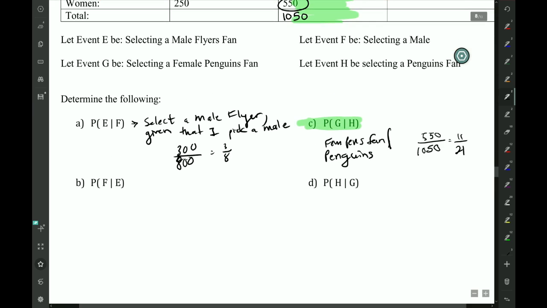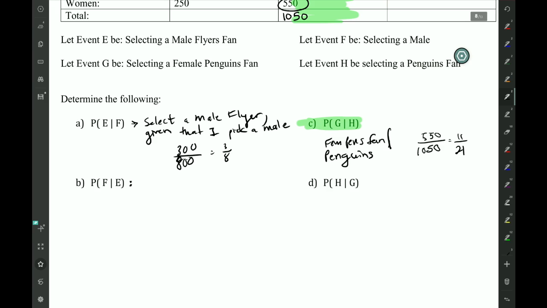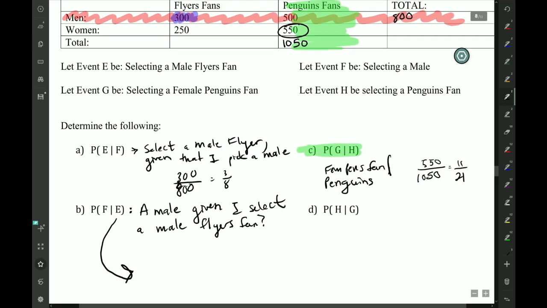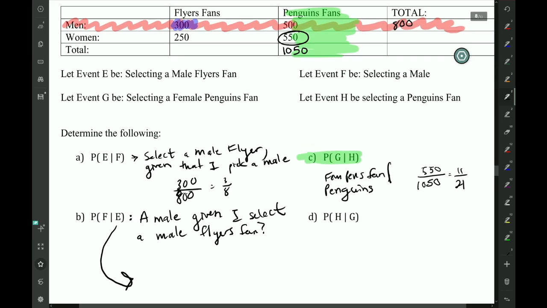F given E. Okay, what that means, so that is probability of a male given I select a male Flyers fan. Well, let's see here. What is going on here? Well, E is the male Flyers fan, so how many of them are there?